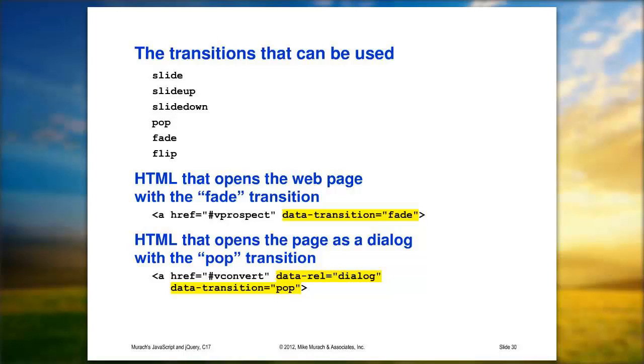The next line of code underneath, this is the data-rel equals dialog, which is how you tell jQuery to open that page as a modal window. And here we're going to have a different transition. So a lot of what you see on the web page is being laid out by using these different data attributes and the different values that you are setting for them.